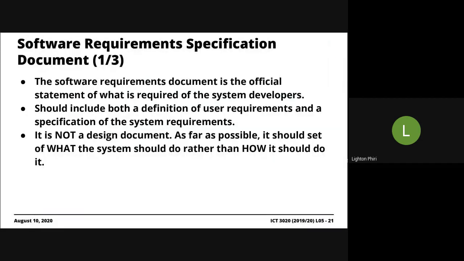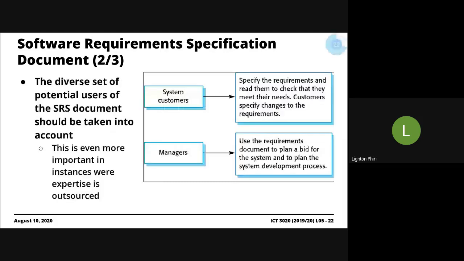But fundamentally, what the document does is it explicitly states what the system is going to do. It's the what, a requirement, not how it's going to be done. So functional requirements and non-functional requirements are what we should be thinking about when we refer to what the system does, not how it does it.